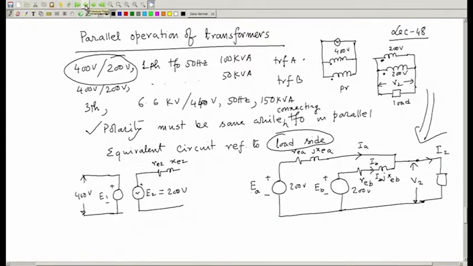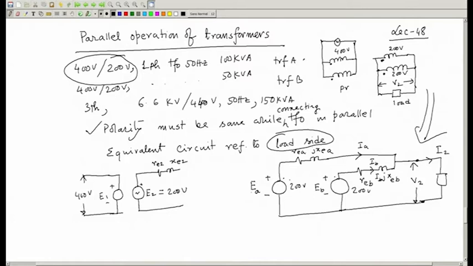The voltage ratings should be the same, and while connecting them in parallel we must ensure the same polarities are connected, both on the primary and secondary side. This will ensure plus here.